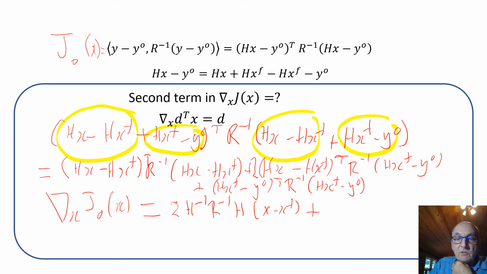So this is actually 2 times h transpose r inverse, right, applied to h xf minus yo, right? And the last term differentiates away. So you're left with just the sum of those two terms, okay?